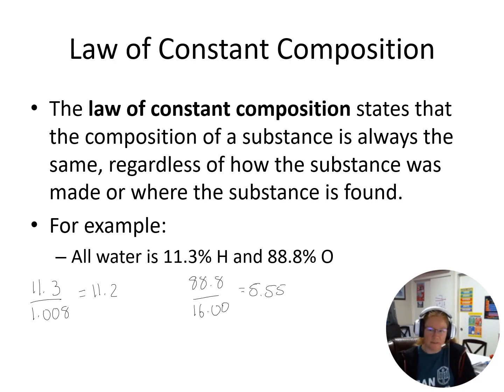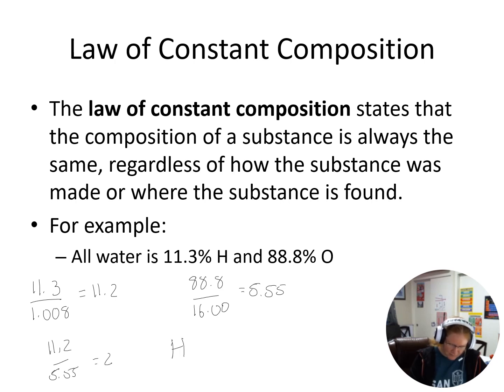Now I have decimal numbers here. Can I have a fraction of an atom? No, I can't. I can only have whole numbers. So now what I'm going to do is divide by the lowest number. So 5.55 divided by 5.55 is 1. 11.2 divided by 5.55 gives me 2. So I have my 2 hydrogens and my 1 oxygen.